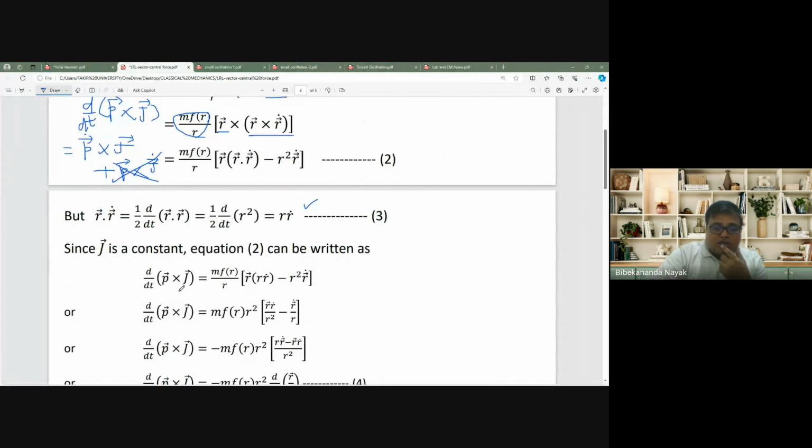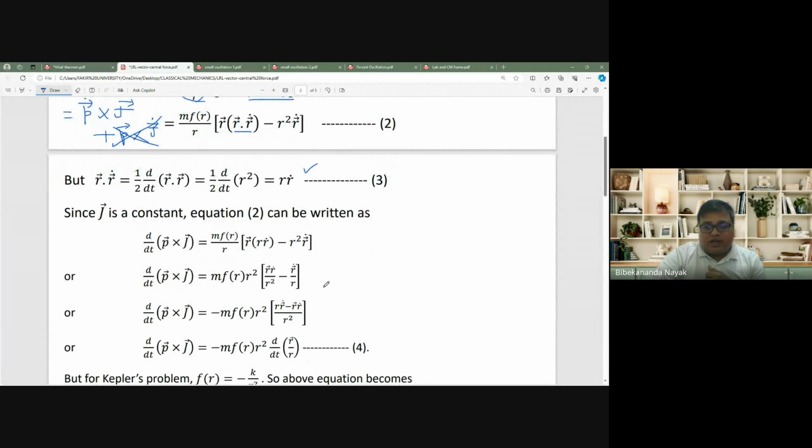So now the derivative of P cross J is equal to m F(r) by r, all into r r dot, this one is r dot, minus r square r dot. Now slightly rearrange these quantities. For that, I take this r inside and multiply and divide by r. That means it becomes r, and here r square.